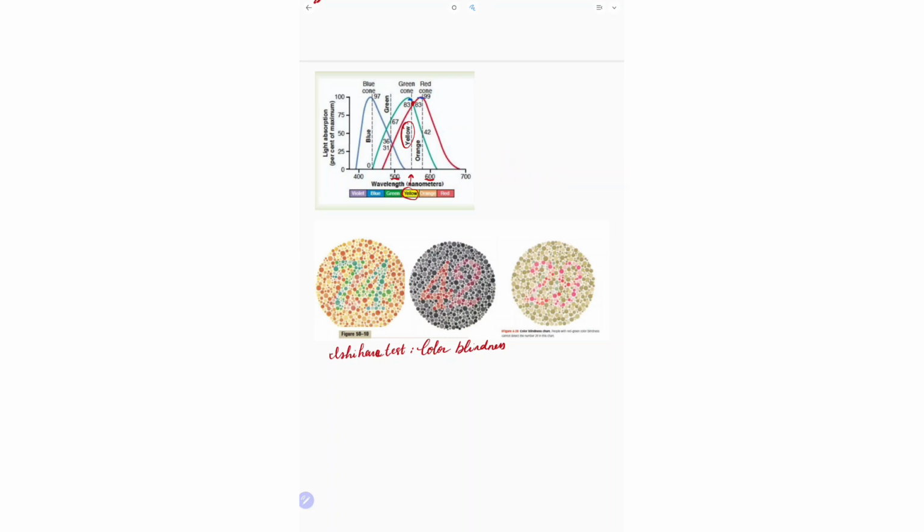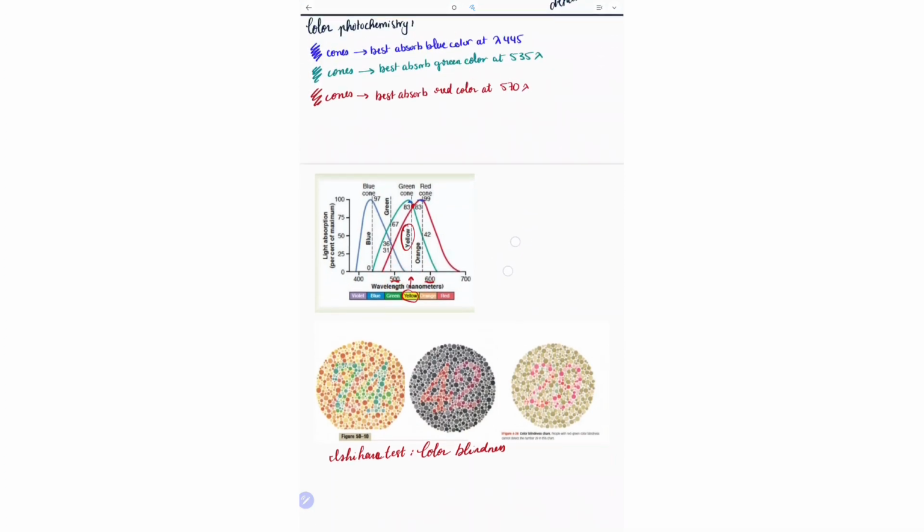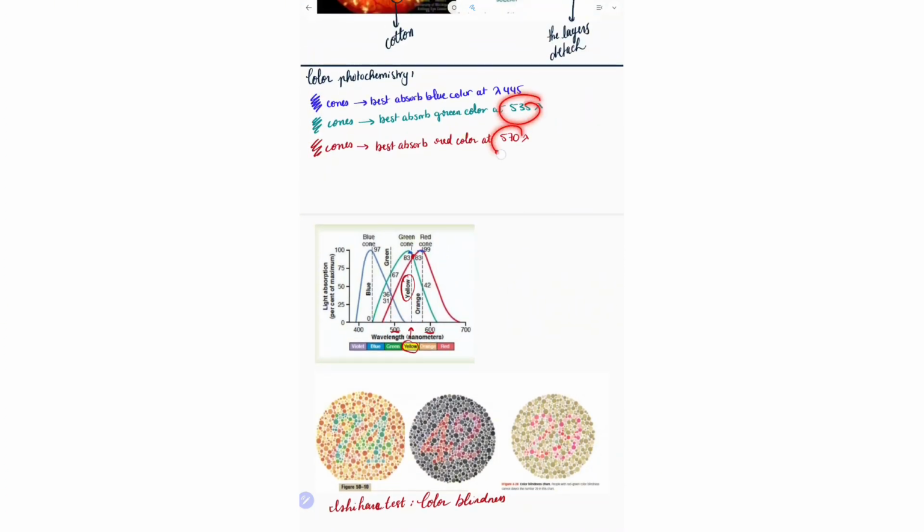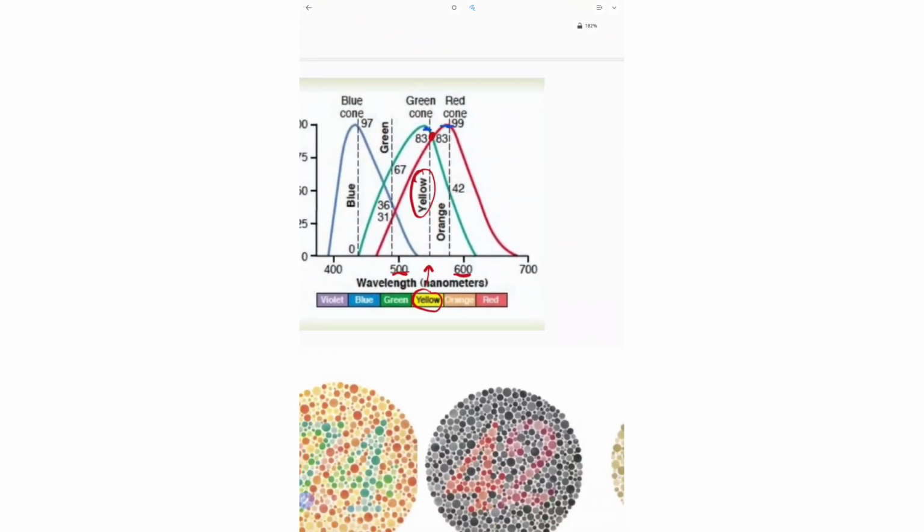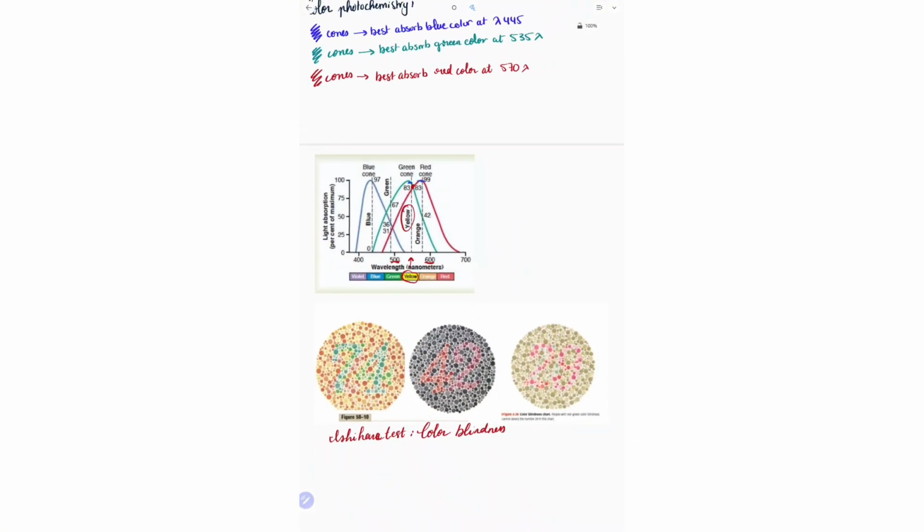How does that happen? So basically, yellow is right here, which is between actually 500 and 600. Now, as we said before, 500 and 600 is between the green and the red. So basically, yellow is a mixture between the green and the red, right? That's how you see other colors, okay?